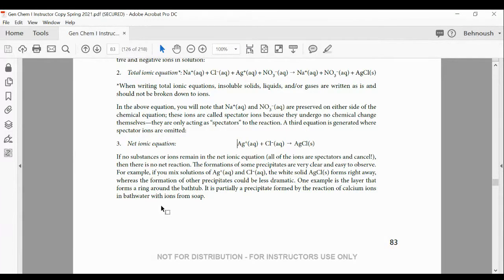This experiment also is going to give you a lot of practice, and it's really nice that it helps you understand the writing of the reaction, predicting some of the reactions, and also breaking into the ions, or dissociating the aqueous compounds into their ions, and being able to come up with the net ionic equation.